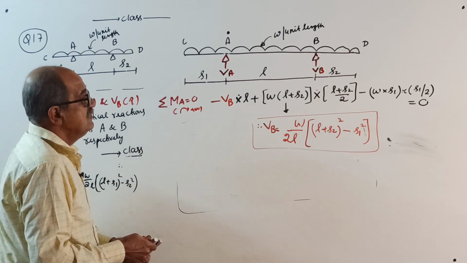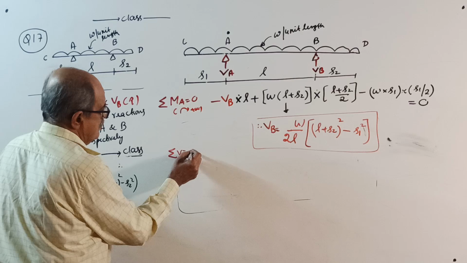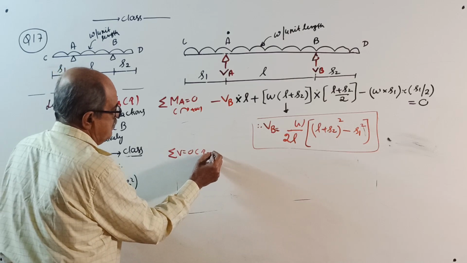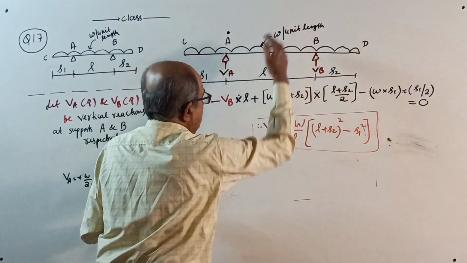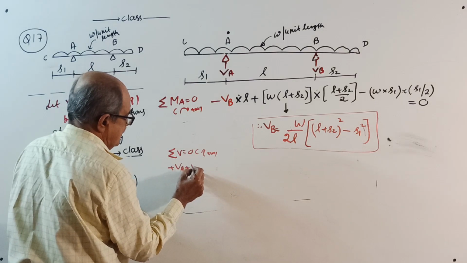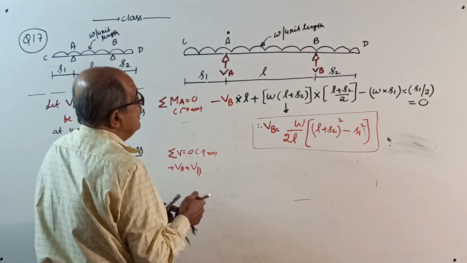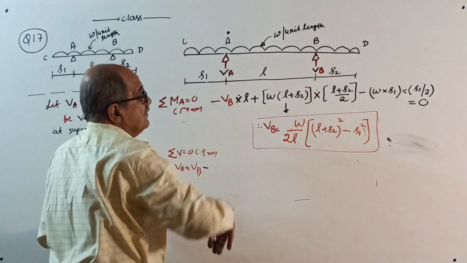It will come. Okay. Sigma V equal to 0. Take upward positive. What you get? Plus VA plus VB. These are all told class after class 1000 times. Then minus.